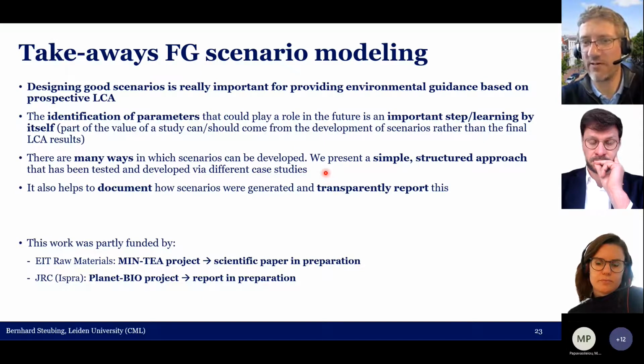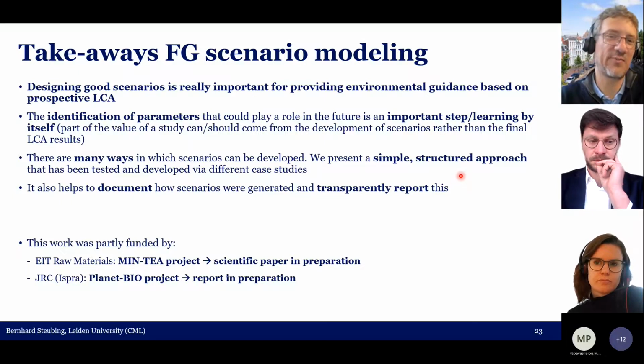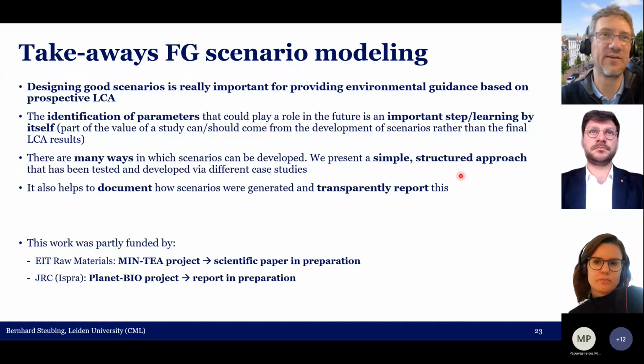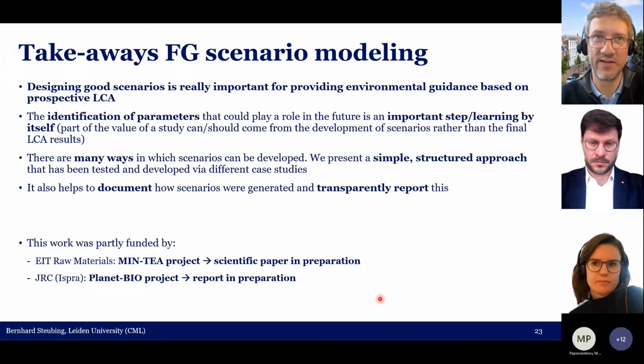So this was our idea to present a simple and structured approach to document and transparently report on the scenario development. Yeah, and the work has been funded by 2 different projects, and there will be a scientific paper soon, and also a JRC report covering the same.